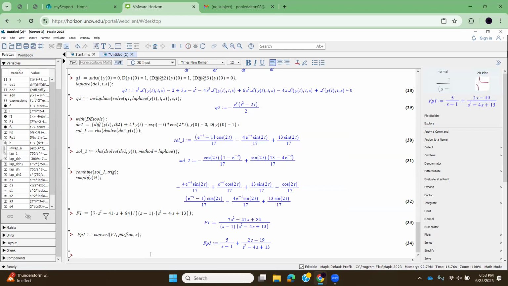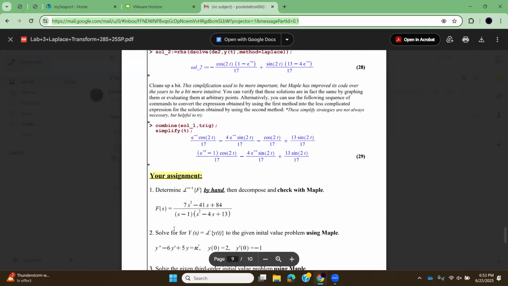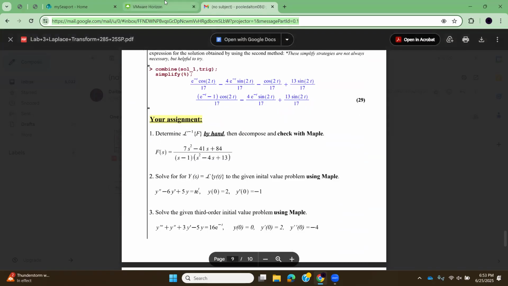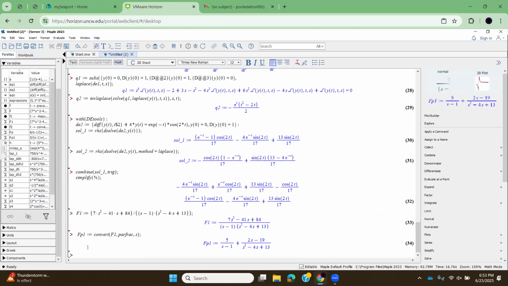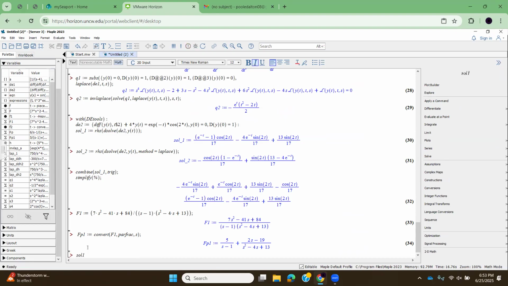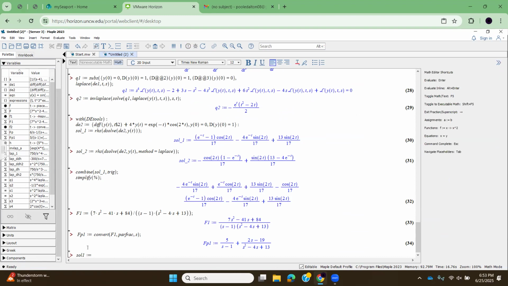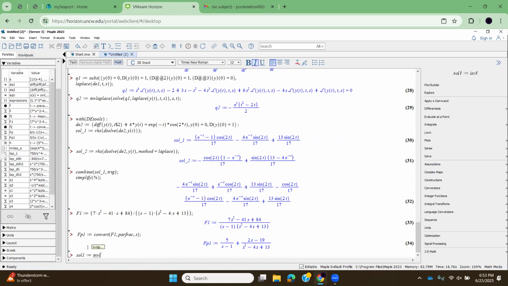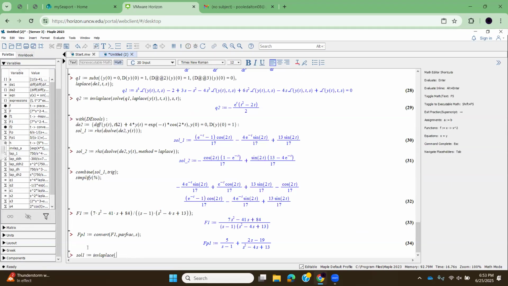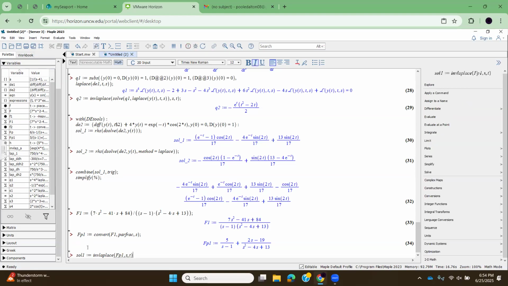Now it's going to decompose that. Beautiful. And then we're just going to take the Laplace inverse. So I'm just going to call this SOL1, and that's going to be equal to INVLAPLACE, and we just need our function, which is FP1, comma, the first variable in this case would be S, second variable in this case would be T, and semicolon.